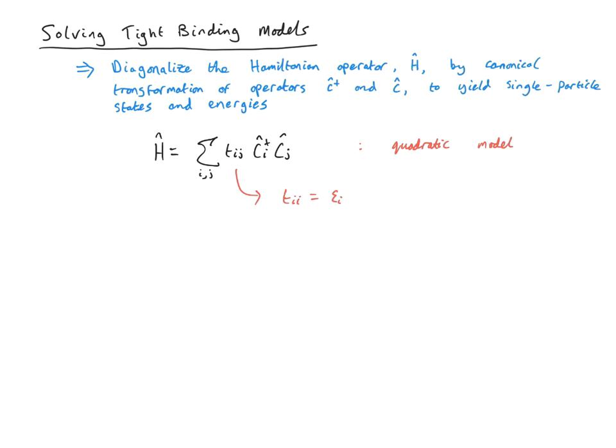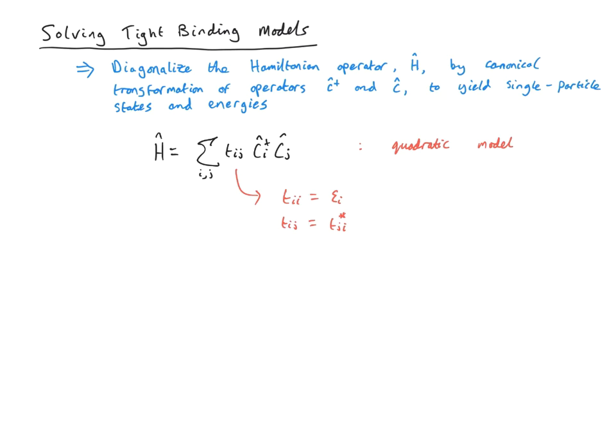And also, by hermiticity, we require that t_ij is equal to t_ji star, the star meaning complex conjugation. And by combining those two equations, you also see the energies there, epsilon_i, also have to be real. Okay, so that's the Hamiltonian we're working with.